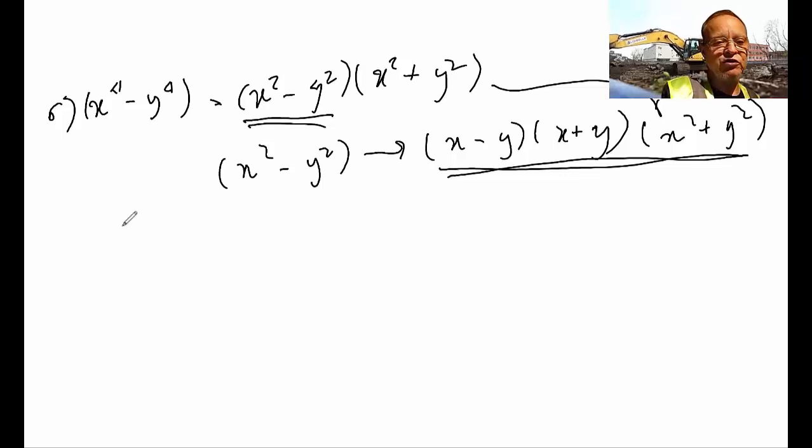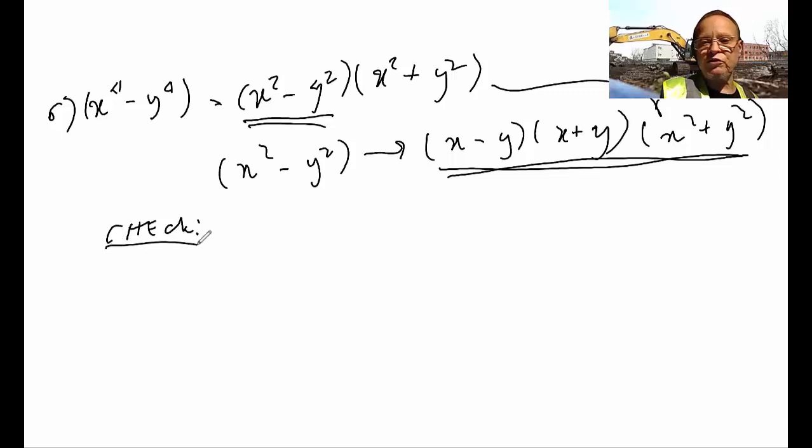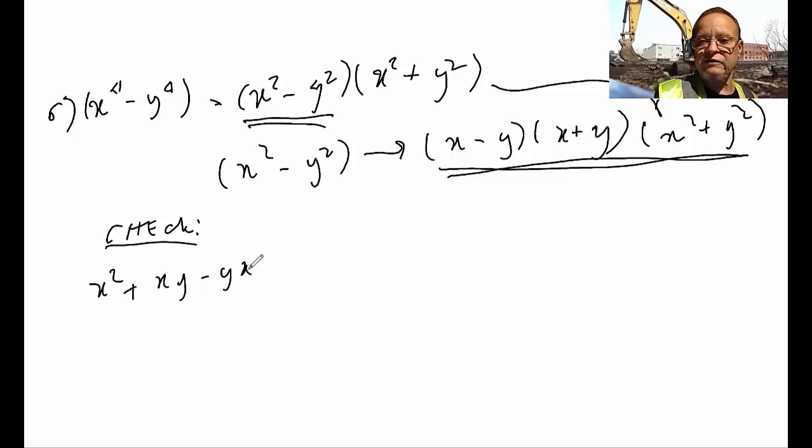Now, of course, we can check, as we usually should in these cases. So I'll use FOIL. So I'll have x squared plus xy minus yx minus y squared.